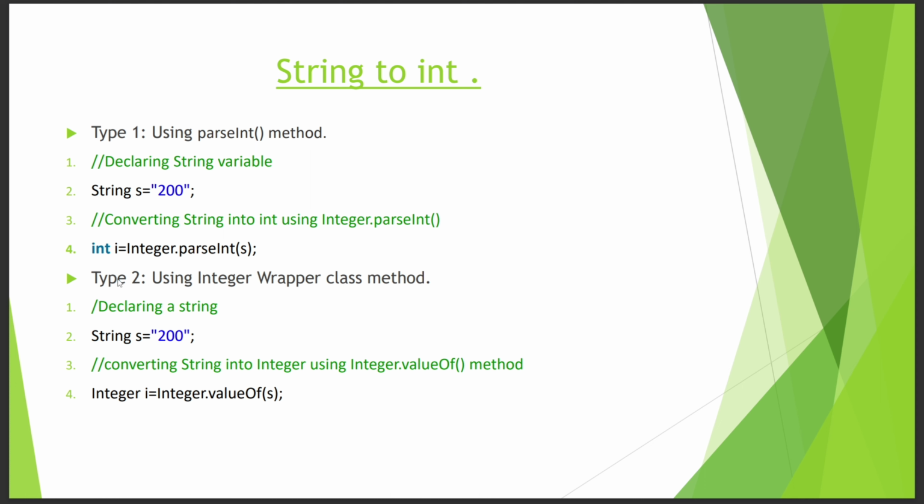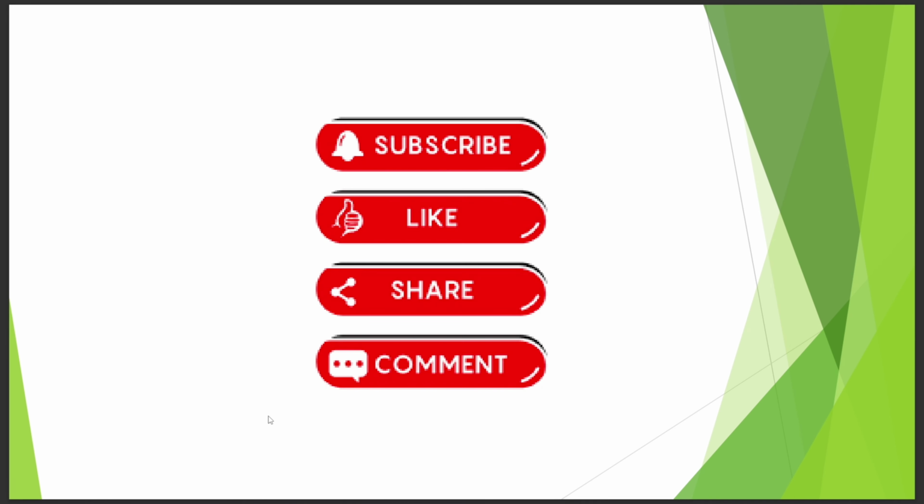The second one is using the Integer wrapper class method. First declare a string s is equal to 200, converting this string into integer using Integer.valueOf. Integer is an object for int. Integer i is equal to Integer.valueOf of s. s is nothing but a string.